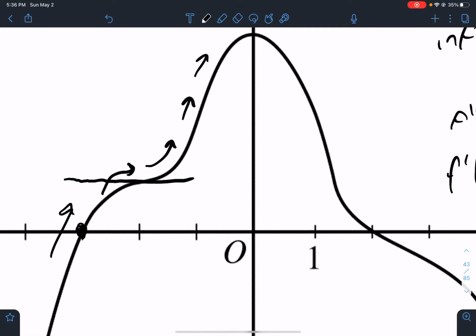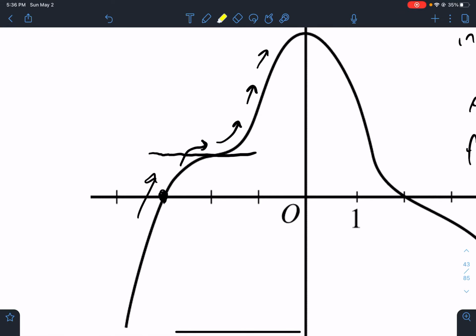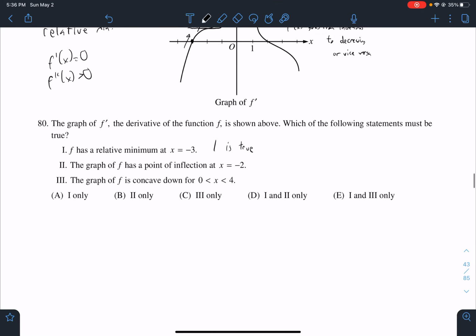The slope is still positive. So it doesn't switch from increasing to decreasing. And so that means that 2 is false. So we can rule out this one and this one. And also this one.